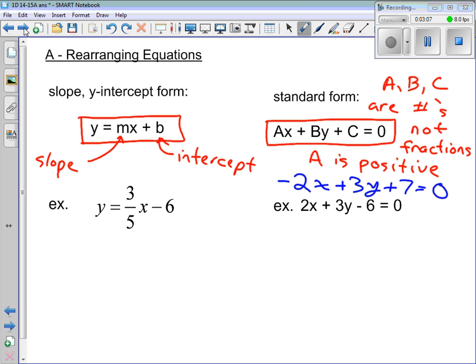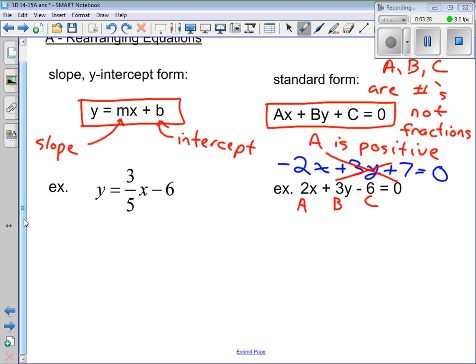And a, that coefficient on x, must be positive. So right here, here's an example of something that is in standard form: 2x plus 3y minus 6 equals 0. We've got a, b, c are all whole numbers. They're not fractions, and a is a positive number.